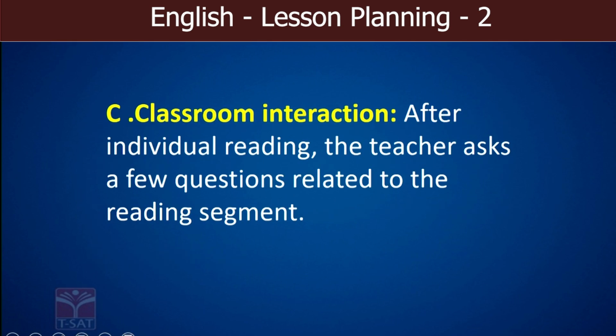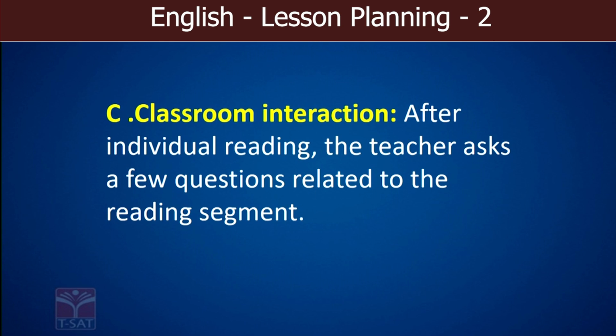The next type of reading is classroom interaction. Once they have the idea about their passage or segment through individual reading as well as collaborative reading, the teacher asks a few questions related to the reading segment. So, the reading is done in two ways, individual and collaborative.